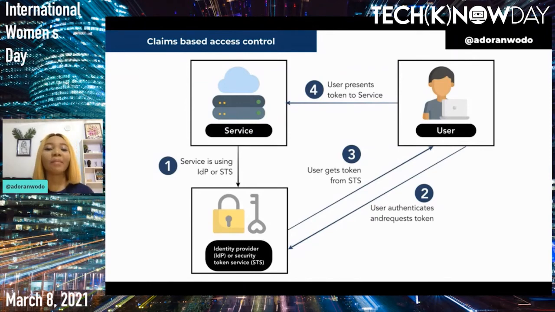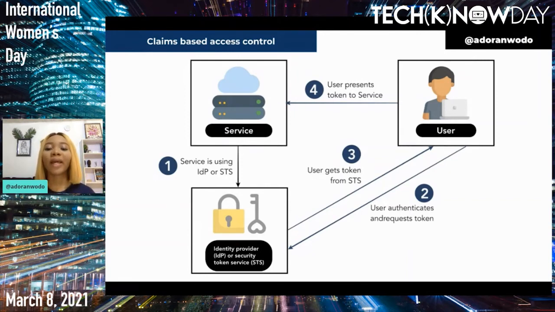So I am a user and there's a service that was built, and this service uses some kind of identity provider or STS to generate tokens for users. So basically, as a service, I'm using that STS.